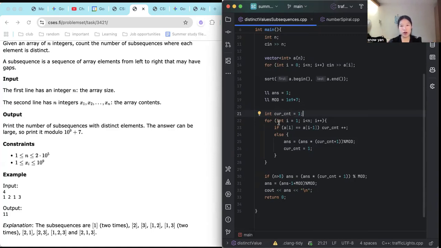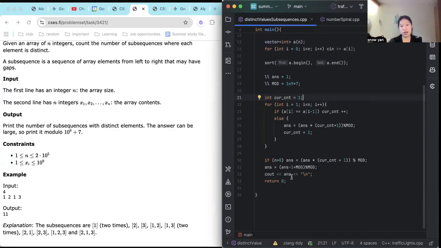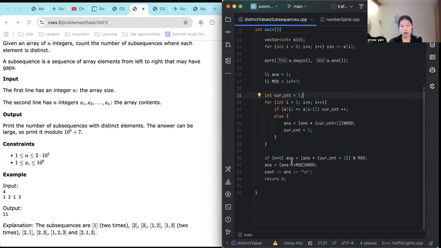That's just keeping track of my current count and updating my product. At the end, if n is greater than zero, my answer is that product minus one, and I output my answer.